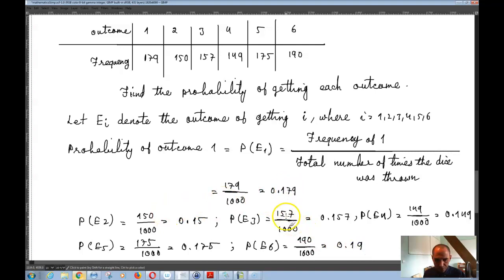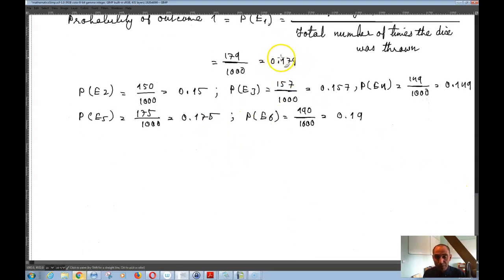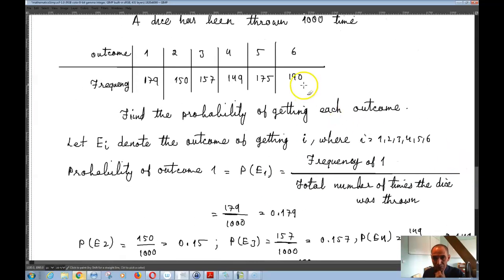Now, if you add all of these numbers together, we added the frequencies and we got 1,000, right?